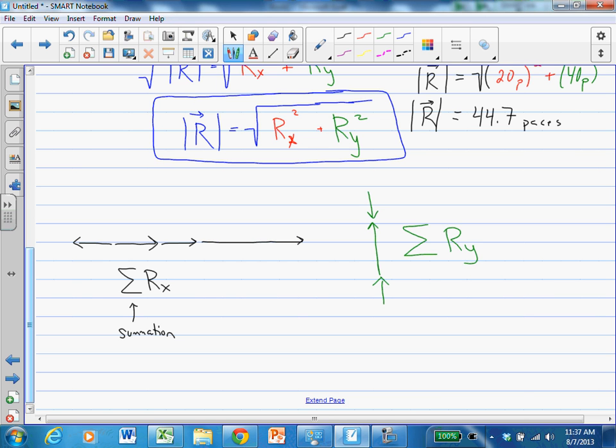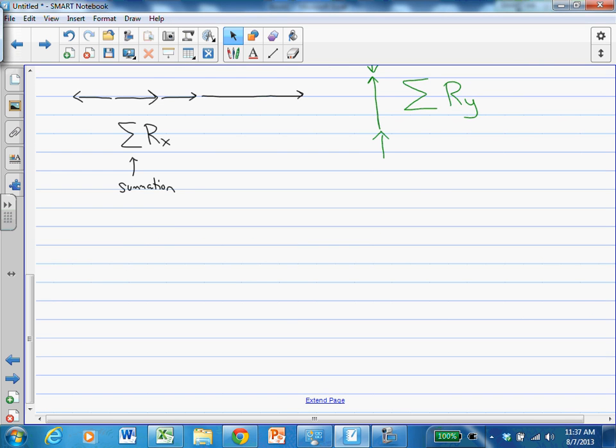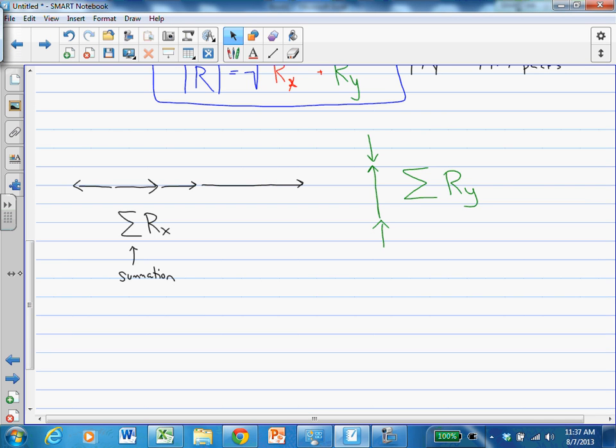So, for example, if you had, what is the resultant, you would first add up all your Rx's. So let's say that this was 3 meters, 1 meter, 2 meters, minus 1 meter, okay? And this was 1 meter, 2 meters, minus 1 meter.